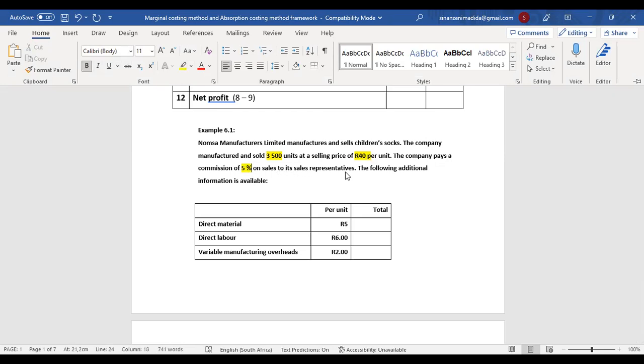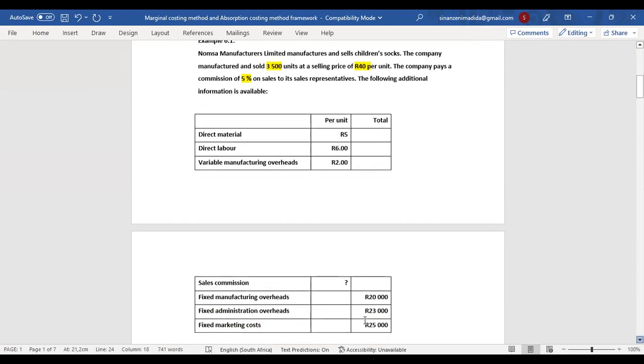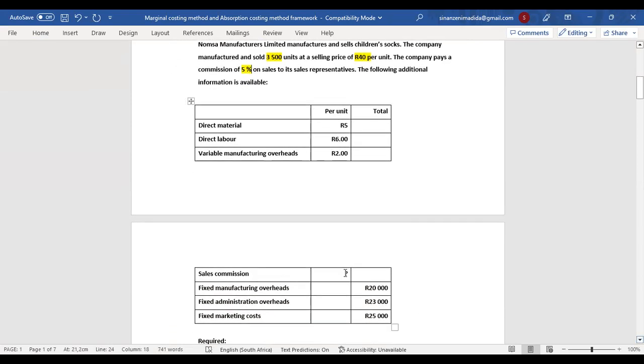To each sales representative, the following additional information is available. We are given, guys, direct material 5 Rand, direct labor 6 Rand, variable manufacturing overhead 2 Rand. Sales commission, we need to calculate it.